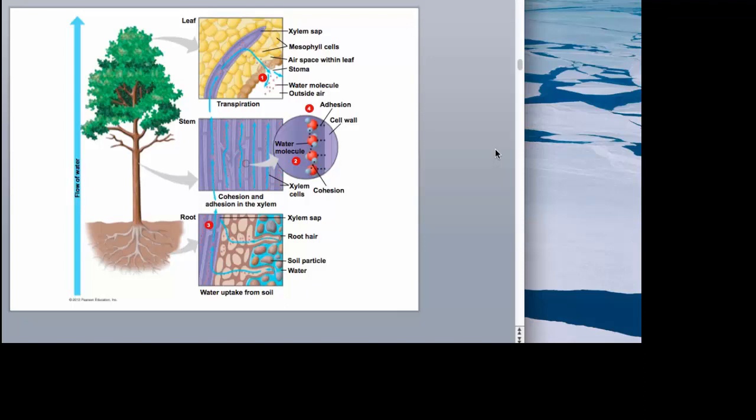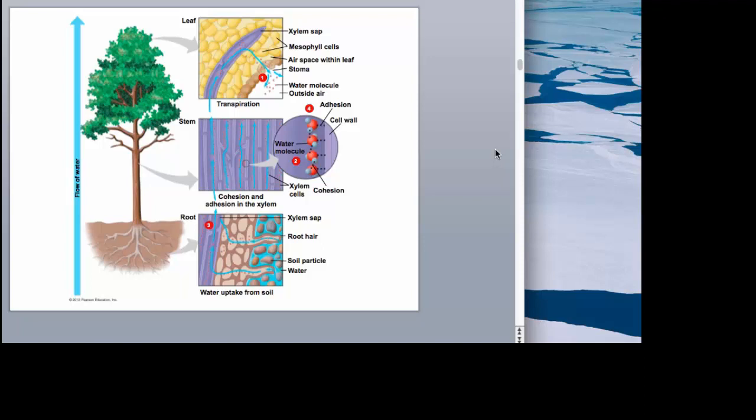In most angiosperms or flowering plants, these are actually going to be made up of very small tubes within the xylem tissue that we looked at before, known as tracheids and vessel elements. If you don't remember those terms, you can look back to plant tissues.